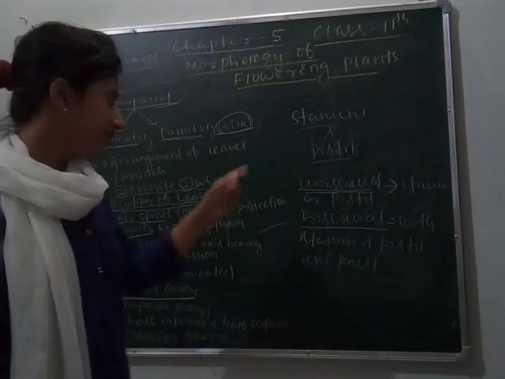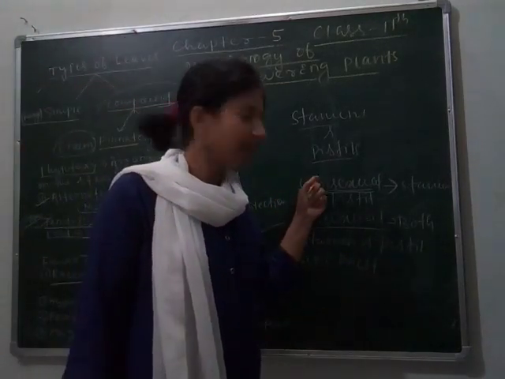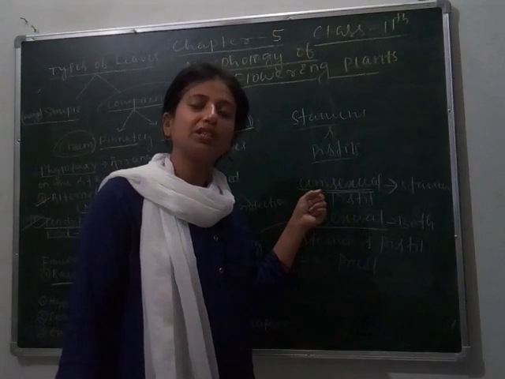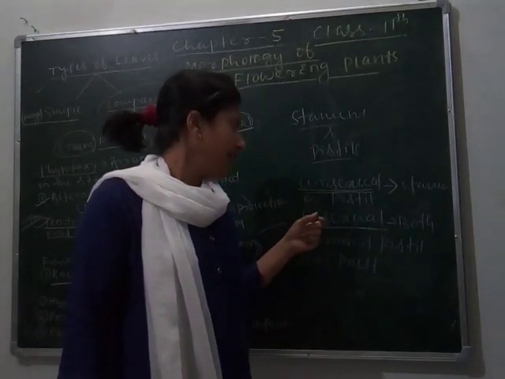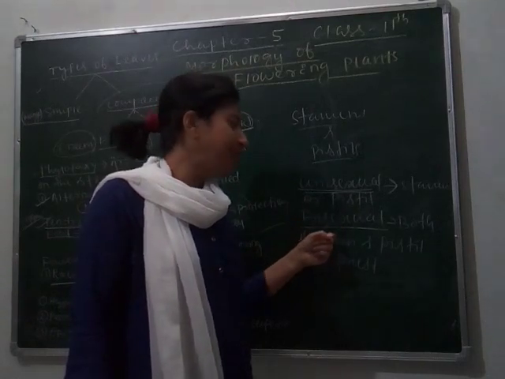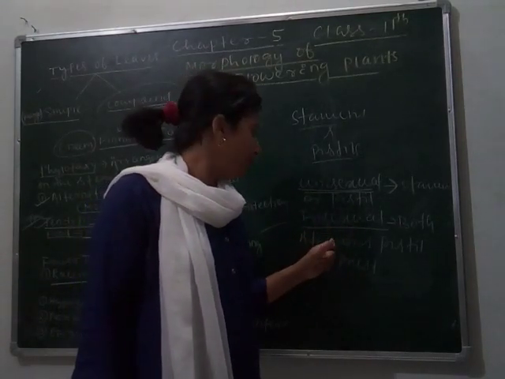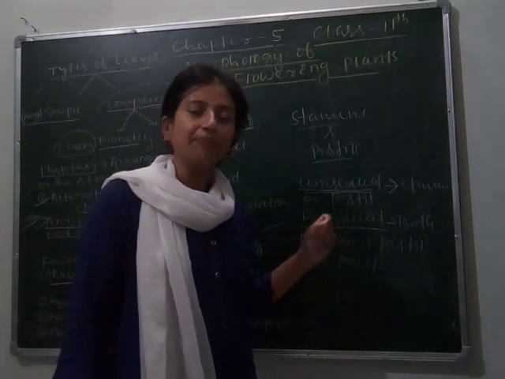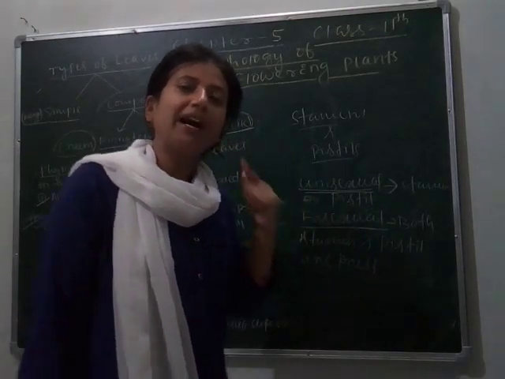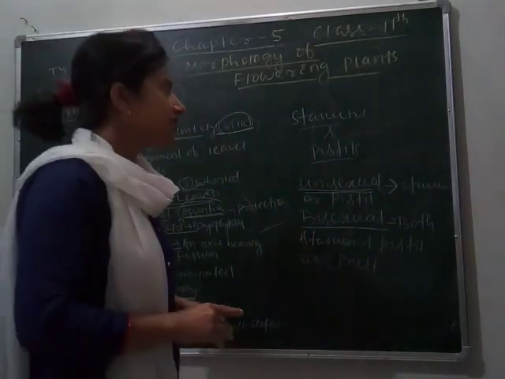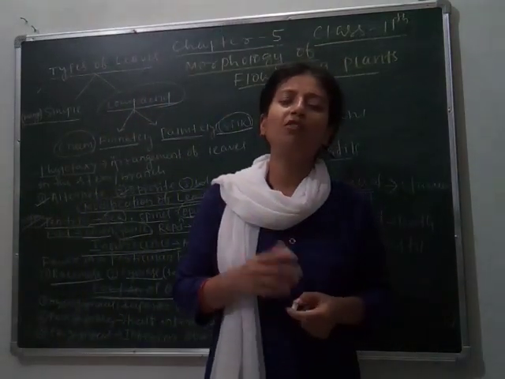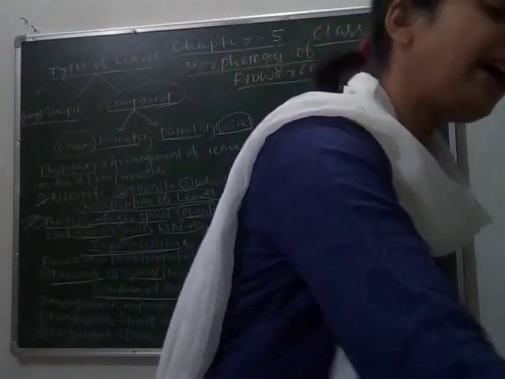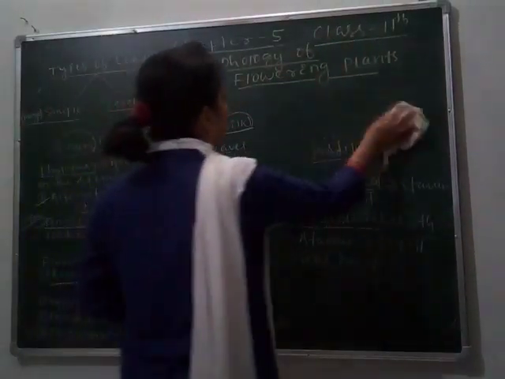So flowers are of two types, unisexual and bisexual. In unisexual, either of the sex organs is present; in bisexual, both male and female parts are present. Here are some other terms: whether the flower is actinomorphic, zygomorphic or asymmetric. So what are actinomorphic, zygomorphic and asymmetric?